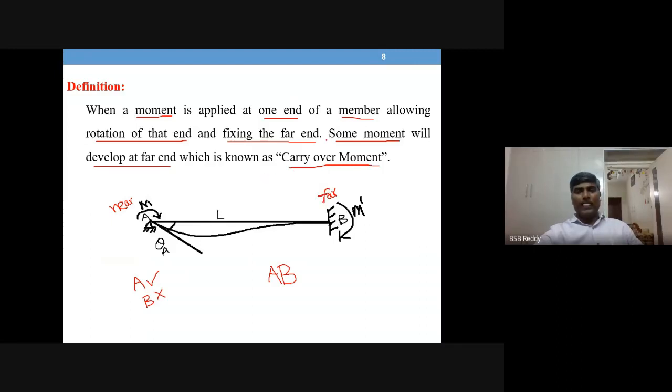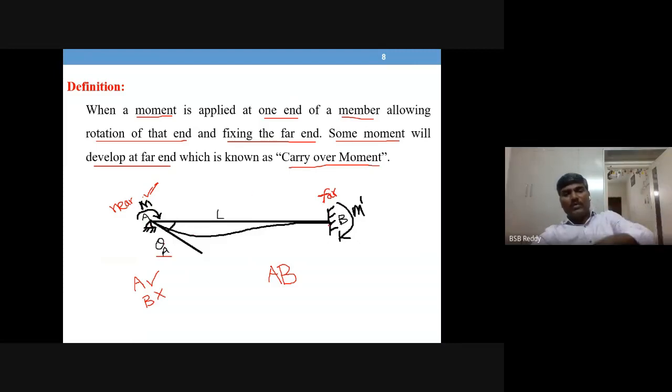This is the near end where you are applying the moment. So you are applying moment M at end A, and you are allowing rotation at that end. When you apply the moment, the end will rotate by some theta, that is theta A.